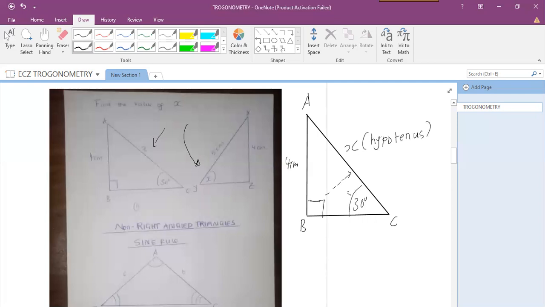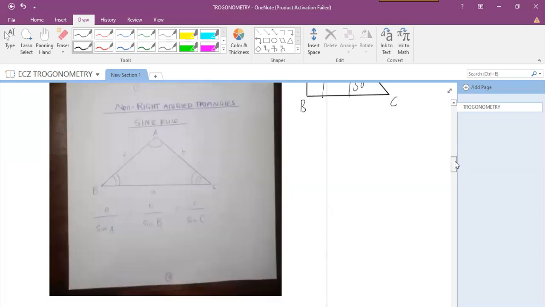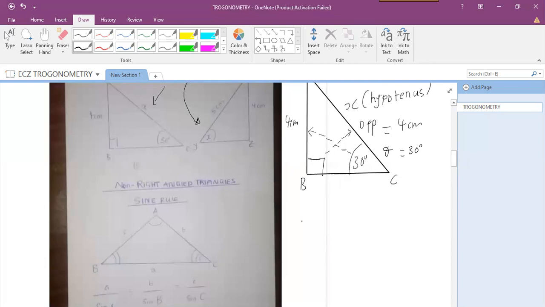If I follow it, we've been given the opposite, which is 4 centimeters. So we've been given the hypotenuse and the opposite and our angle theta, which is 30 degrees.